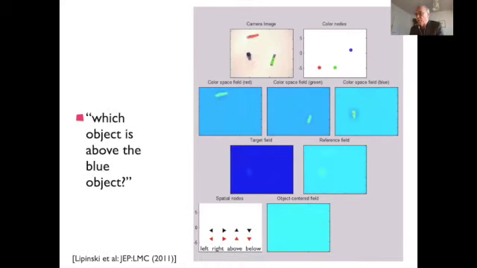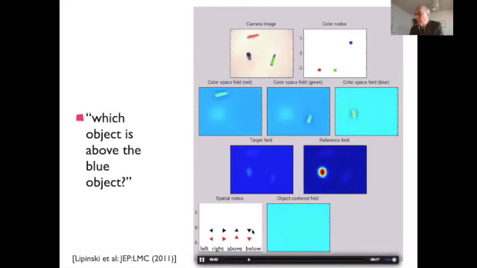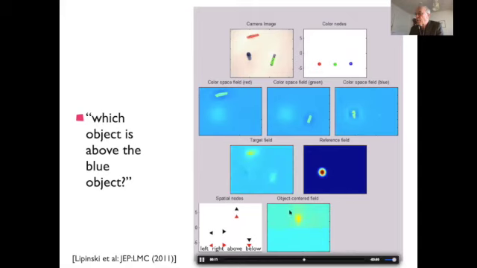So for instance, which object is above the blue object? We would give a boost to above. We inserted blue as a reference, and then it will answer, it's this object here.